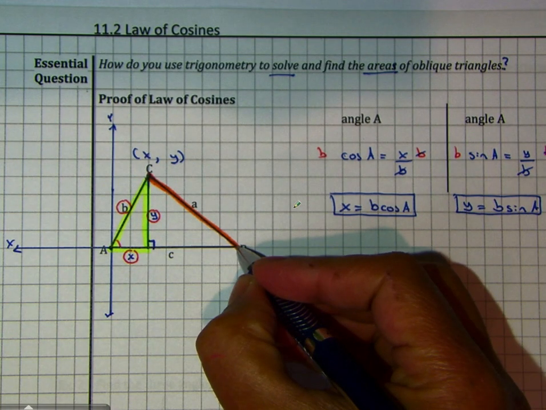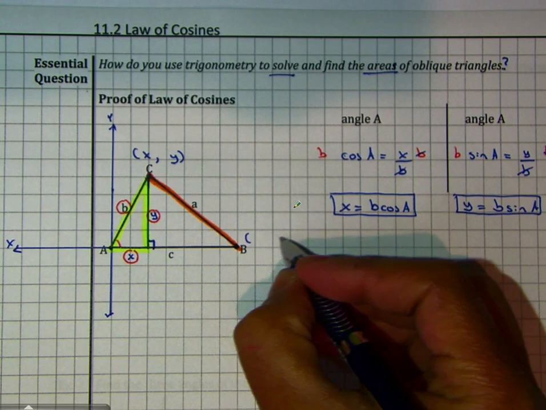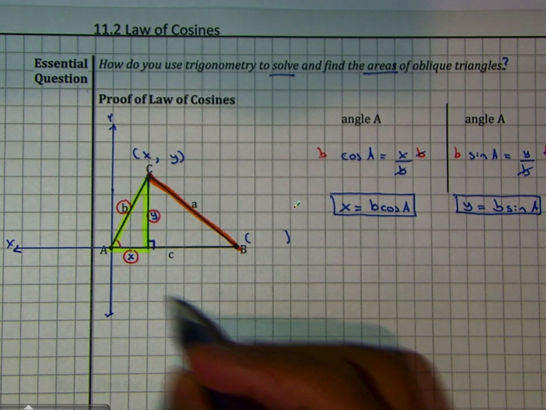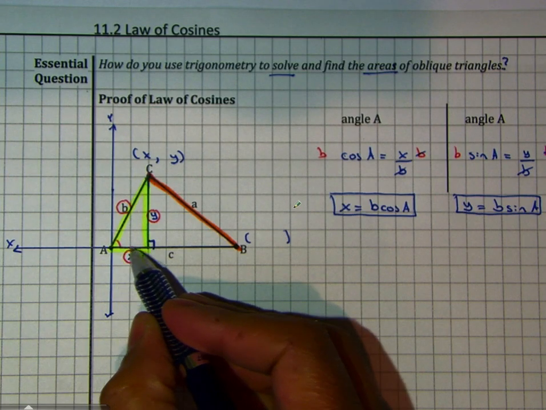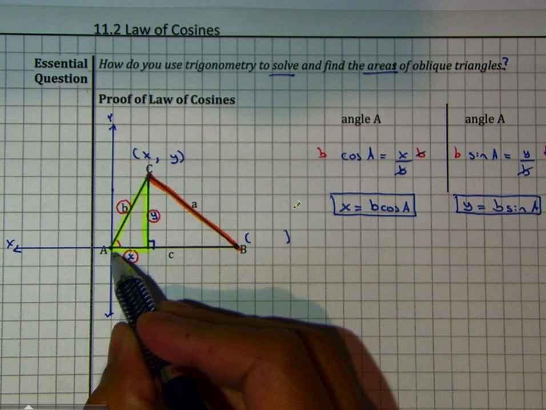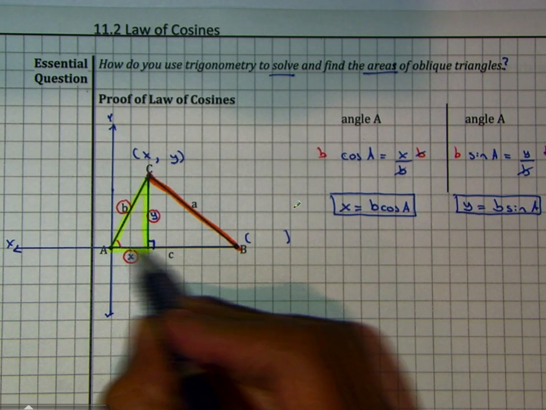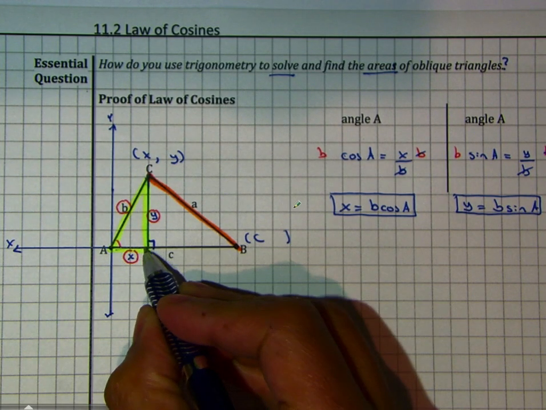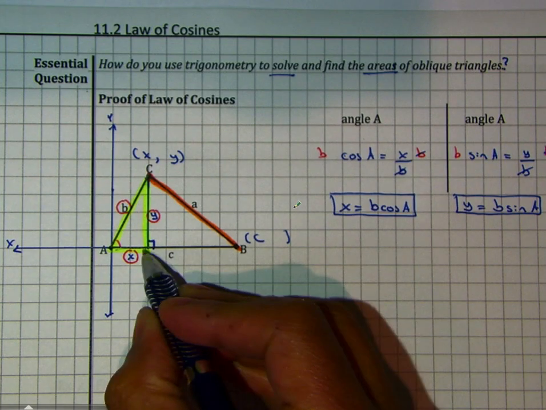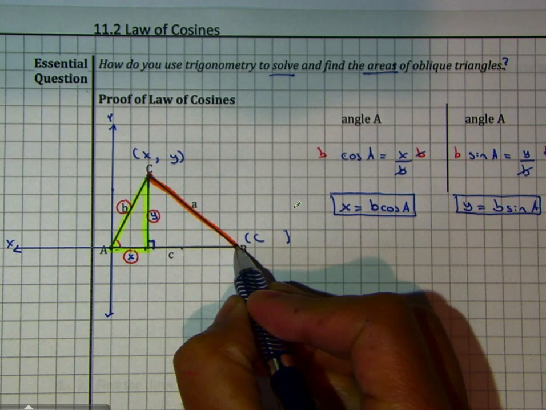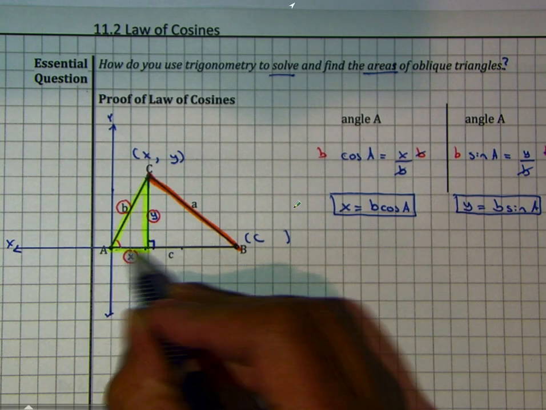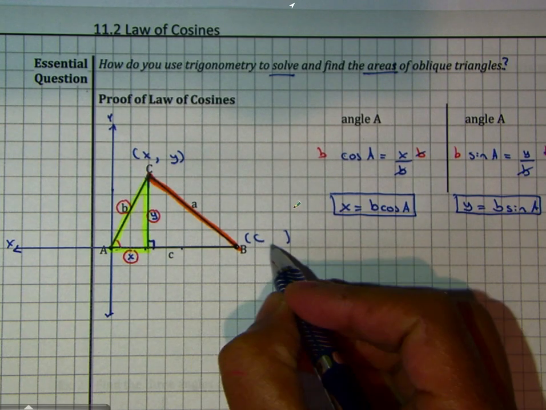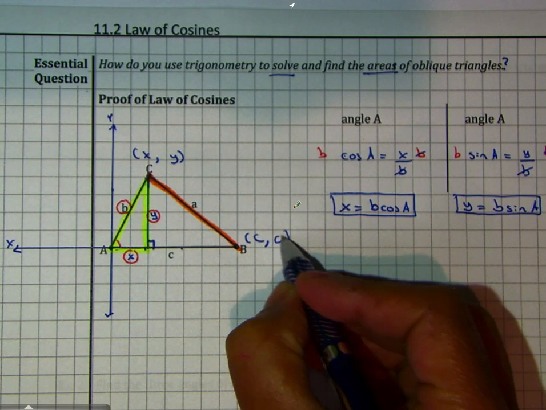How about point B? What is the location of point B? From 0, 0 all the way up to B, that is the distance C. That'll be the side C. So if this is 7 units, this will be 7 comma 0. So in this case it will be C comma 0.